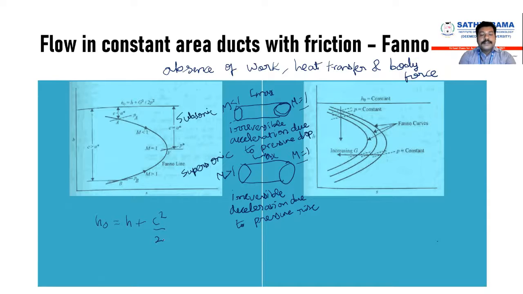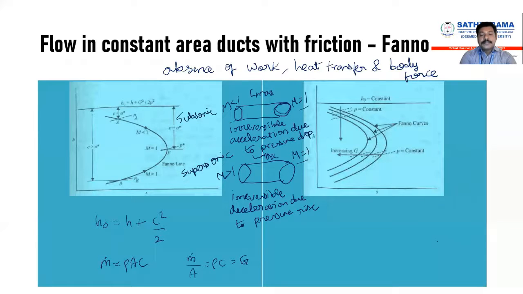So what will be the total energy equation? You are considering the mass flow rate of the duct. The mass flow rate divided by A, m dot by A, is equal to rho C. We generally call it G, right?